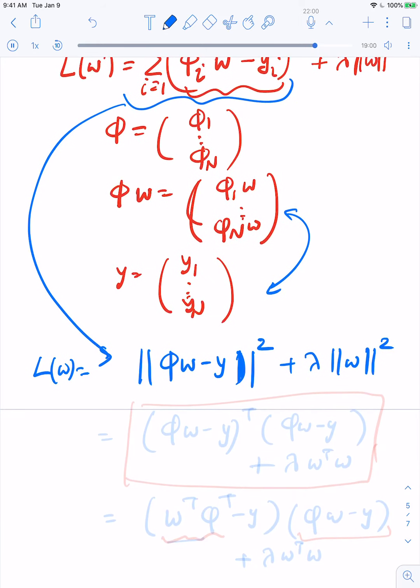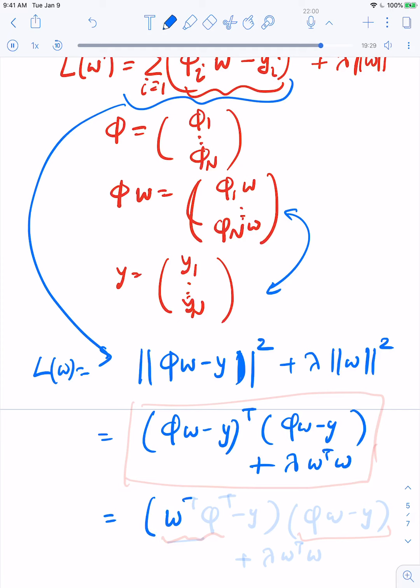And now taking the gradient is rather simple. You have to write the norm squared terms as A transpose A. Norm squared of A is that. So I can write this as (phi W minus y) transpose (phi W minus y) plus lambda W transpose W. Let me write it out a little bit more.